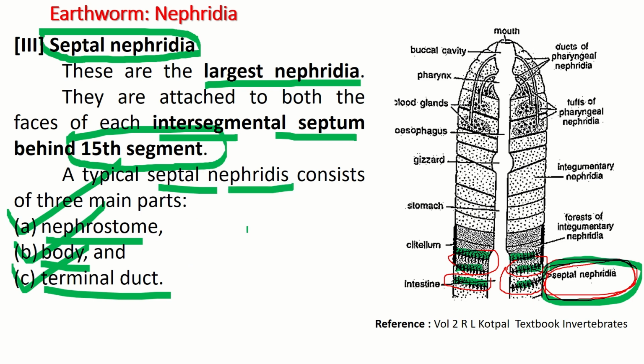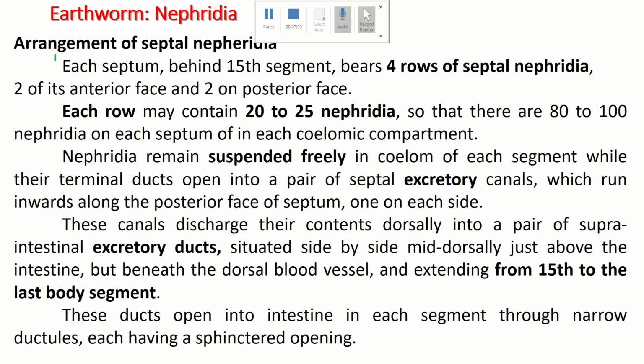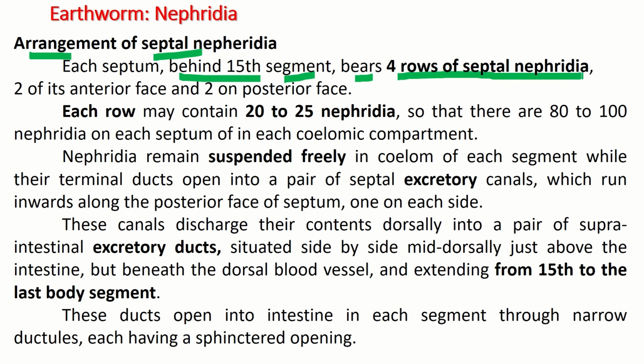So how are they arranged? Each septum behind the 15th segment bears 4 rows of septal nephridia, 2 on its anterior face and 2 on the posterior face.